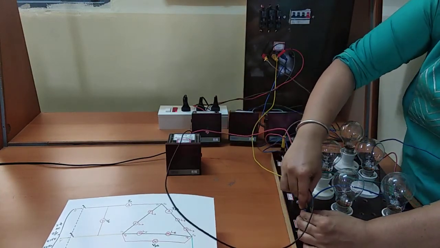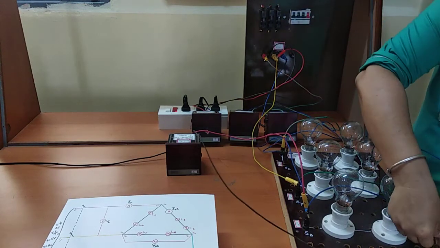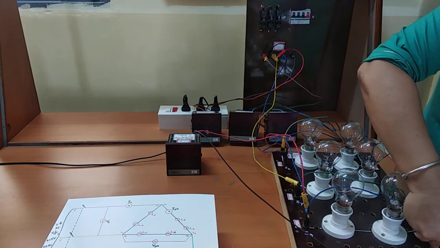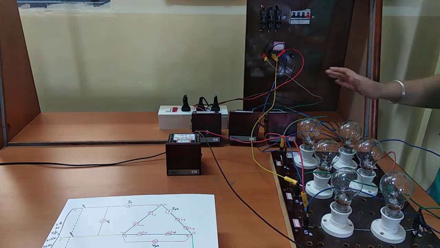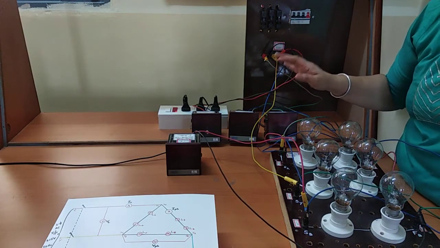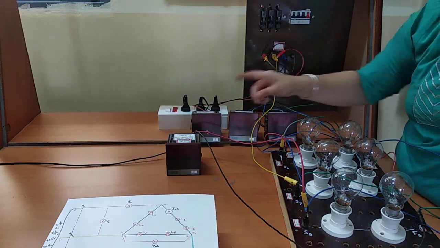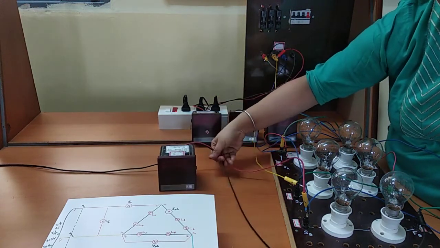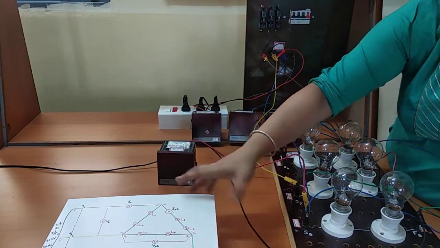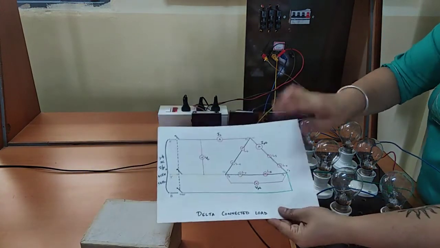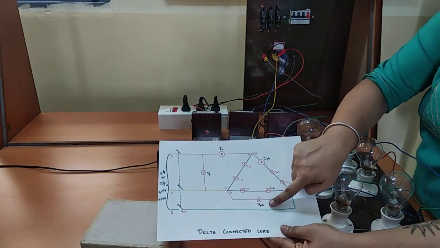So one terminal here and the other terminal to the point FB. Right? So this completes the circuit. Now let us understand which meter is reading what reading. This voltmeter is connected to measure the phase voltage, hence VPH.